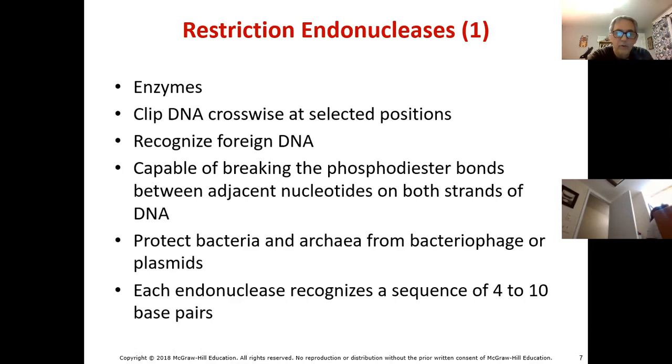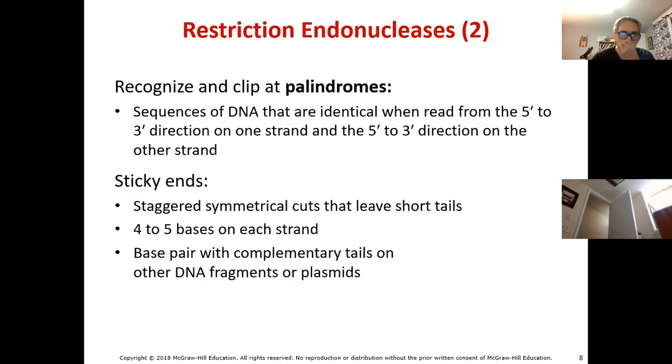Each endonuclease enzyme recognizes a sequence of about 4 to 10 base pairs. The enzyme recognizes a site that has a palindrome on both sides. So in other words, at the very end of the sequence, it gets cut on both sides of the DNA.